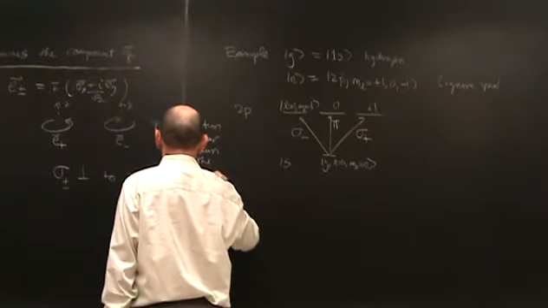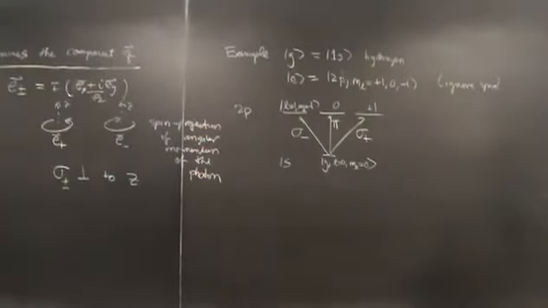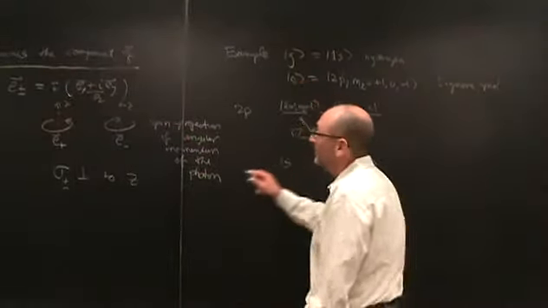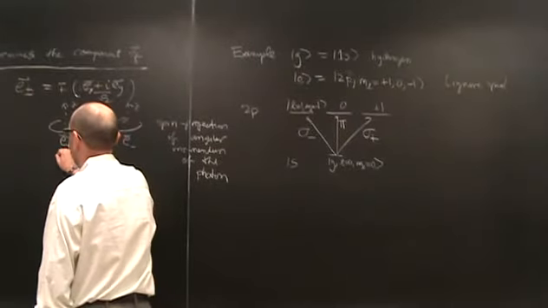The photon is a spin 1 object because it's the quantization of the electric field, which is a vector, which is a rank 1 tensor, which transforms like a spin 1. And it has projections along this axis of +1 or -1.